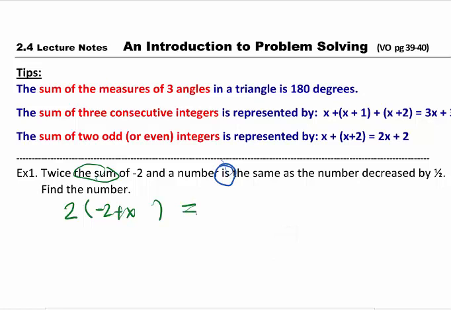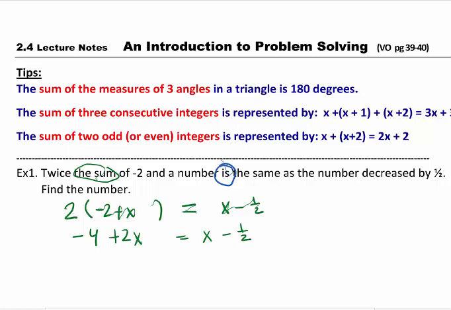Is means equals, the same as the number decreased by a half. Decreased by means subtract. So now we can get rid of the parentheses. Multiply that 2 times both pieces inside.